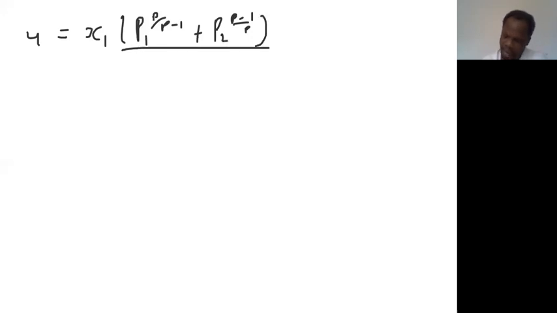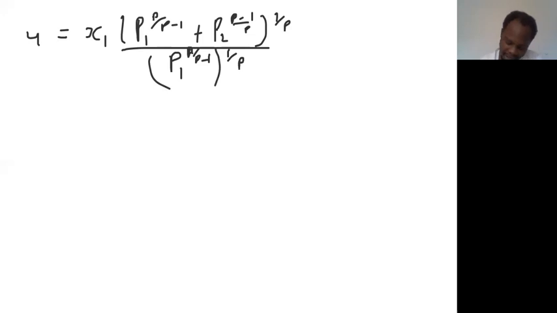P1 φ over φ minus 1 plus P2 φ over φ minus 1, all over, the down power was P1, right? P1 here, φ over φ minus 1, exponent 1 over φ, right?